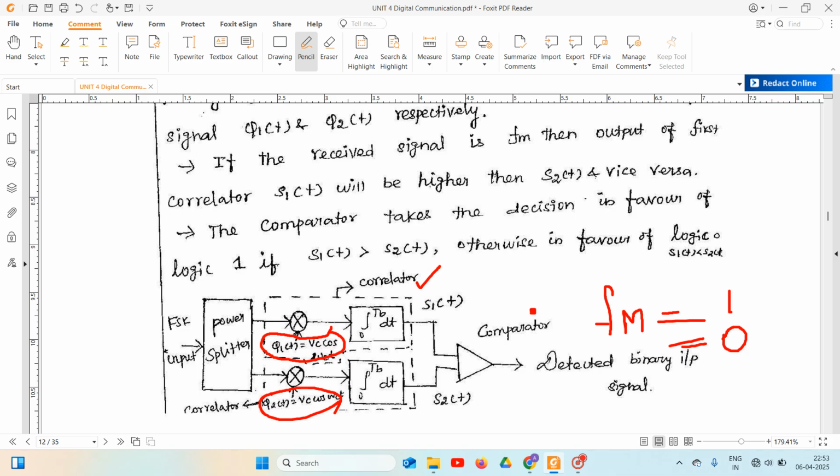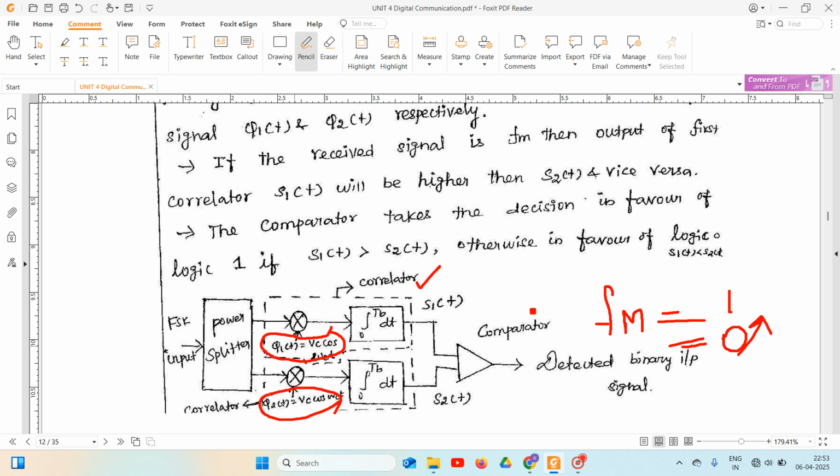So based on the output of the correlator, we can decide whether the output of our comparator is logic 1 or logic 0. If S1 of t is greater than S2 of t, it is logic 1. If S1 of t is less than S2 of t, then it is logic 0.